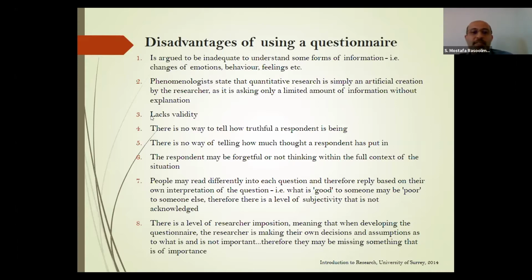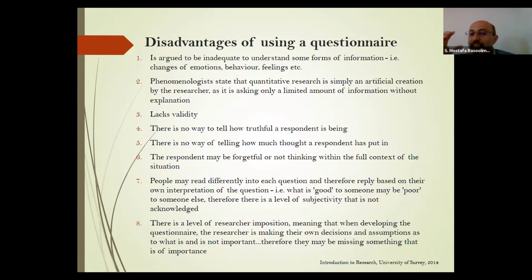For example, here when we say lack of validity, okay, lack of validity is mentioned as a disadvantage of questionnaire. But actually, validity is one important part of quantitative research. When we collect data using questionnaire, we have to check validity. We have to check external validity. We have to check content validity. We have to check face validity. We have to check convergent and discriminant validity.